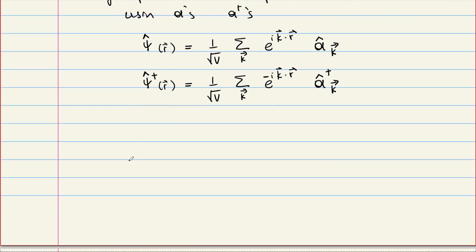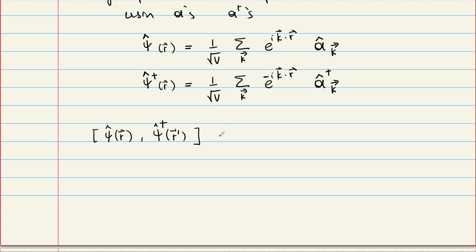Now, by using this, you can immediately calculate the commutator of psi of r and psi dagger of r prime. There are momentum sums over k and k', and there's A_k A_k' dagger, and you get a delta function.